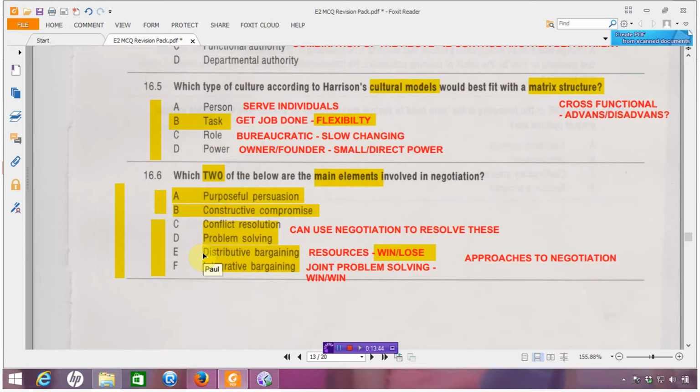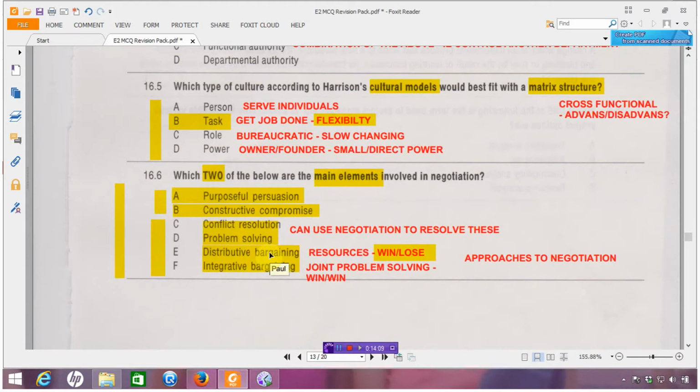As far as E and F are concerned, these are approaches to negotiation. In other words, we use these approaches, and as you'll see, distributed bargaining, essentially we're talking there about just this idea of shelling out finite resources to respective parties. So in essence, we're talking about a situation where some, let's say, departments or functions will win, and some may lose. In other words, not everybody's going to get what they need.